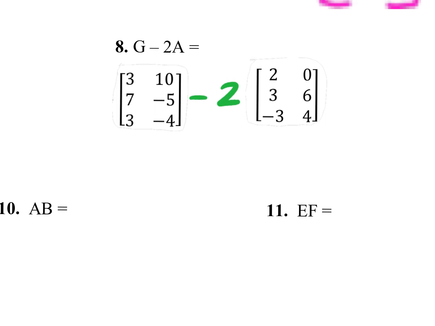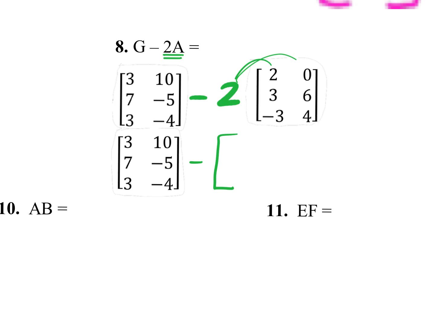It's PEMDAS, right? You multiply and divide before you add and subtract. So we want to do this part first, where we multiply everything. I'm actually just going to copy my G and drop it down here. And we're going to subtract the multiplied version.